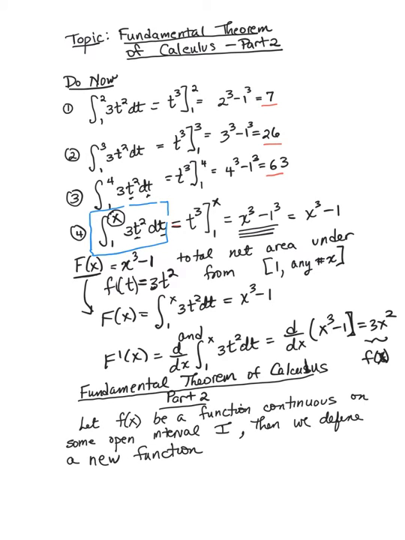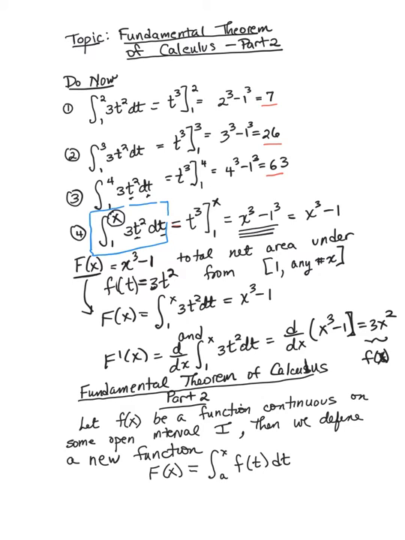We define a new function, and this new function is defined as capital F of x, which is equal to the definite integral from a to x, and instead of writing f of x, we'll write f of t, with the understanding that when we go through the calculus, we'll get a function of x at the end, like we did in the do now.